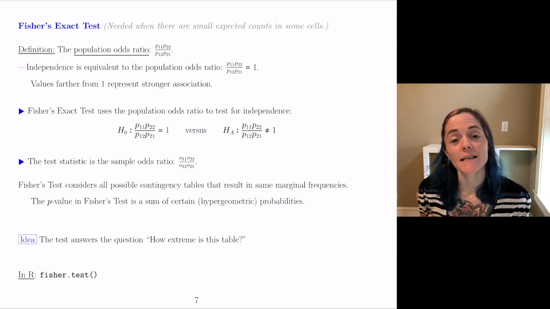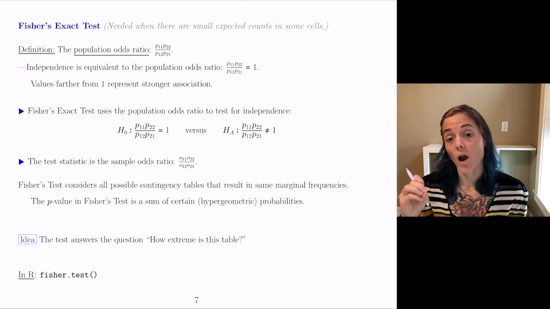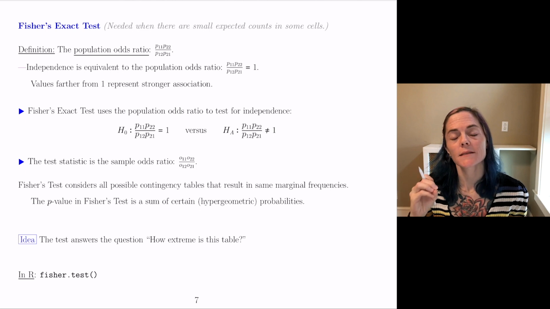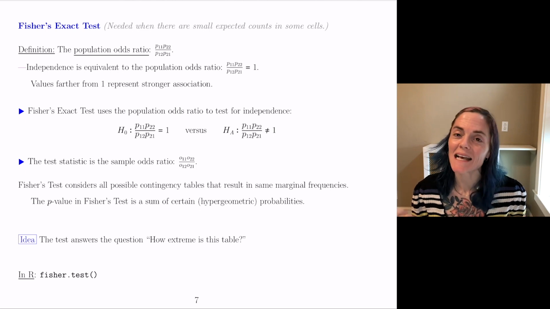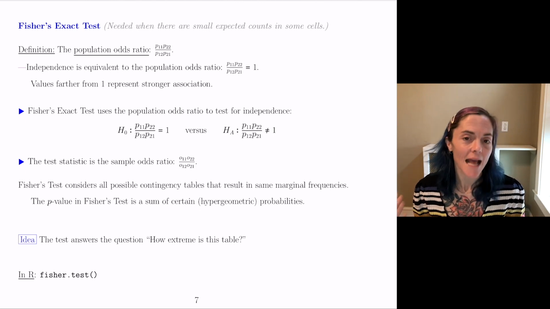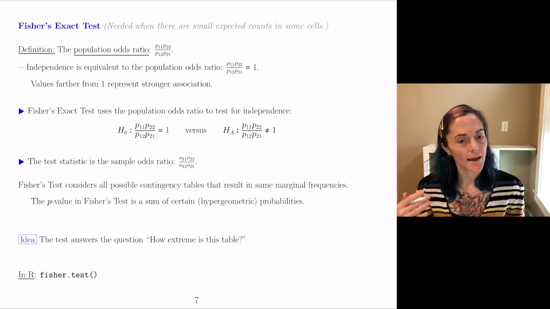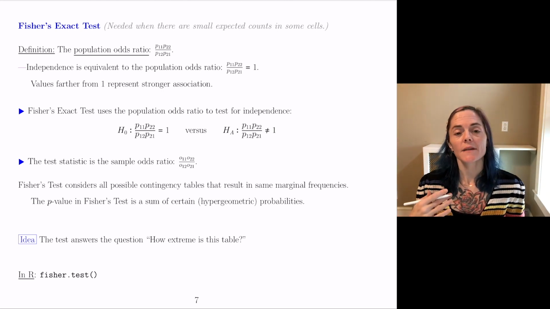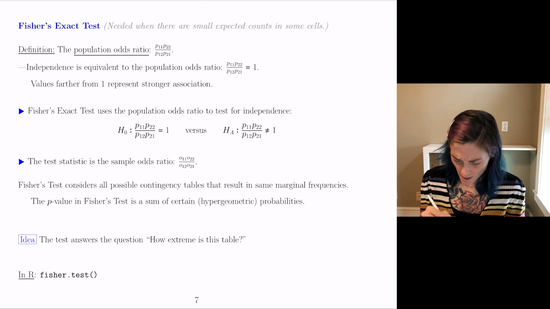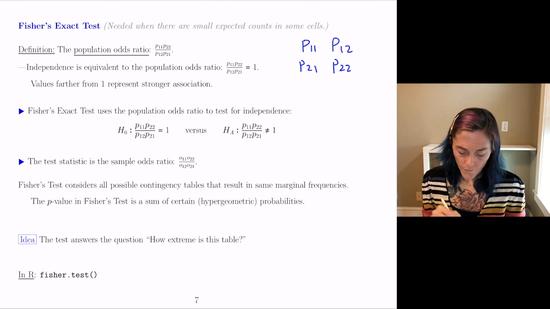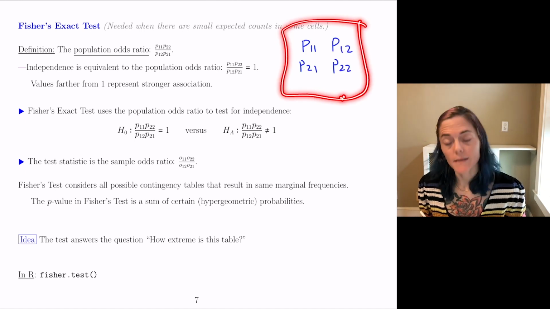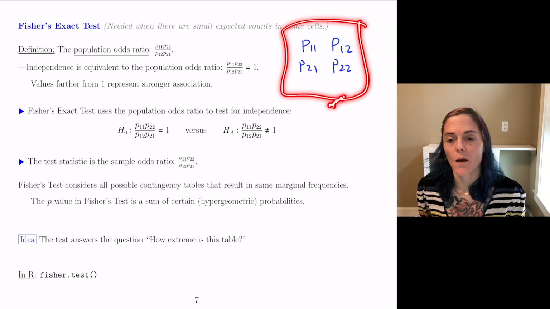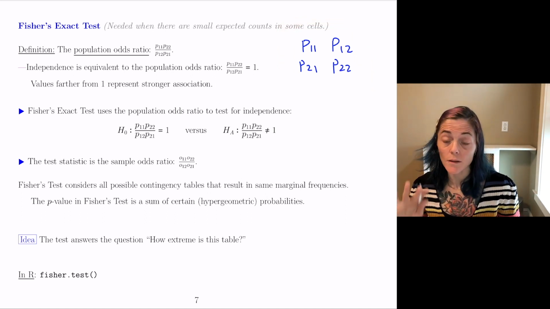Fisher's exact test. This is needed when there are small expected counts in some cells. This is because the chi-square test is an asymptotic test. Now, we begin with a definition of the population odds ratio. So if you think about the probabilities, the P_ij that we discussed, they would be laid out like this.